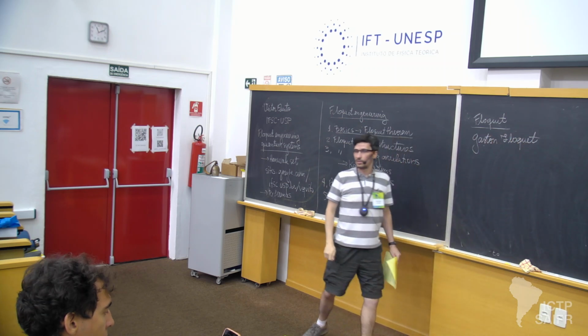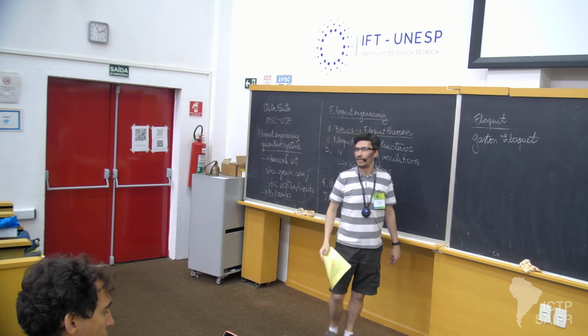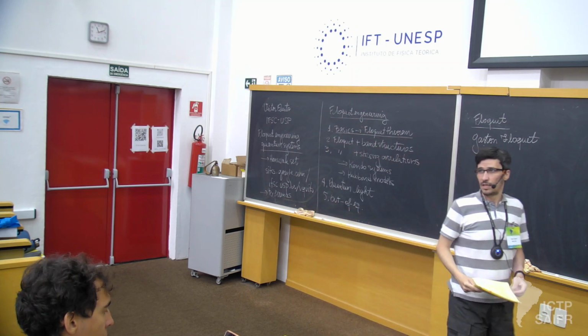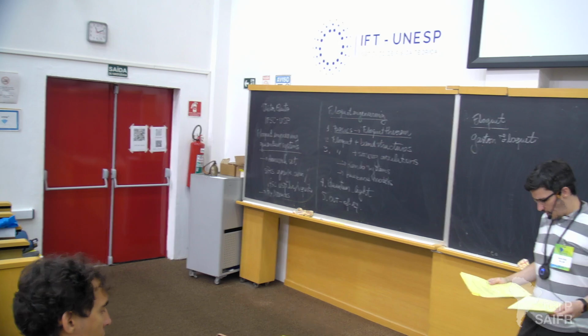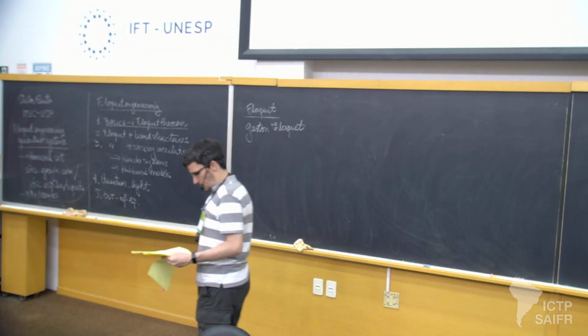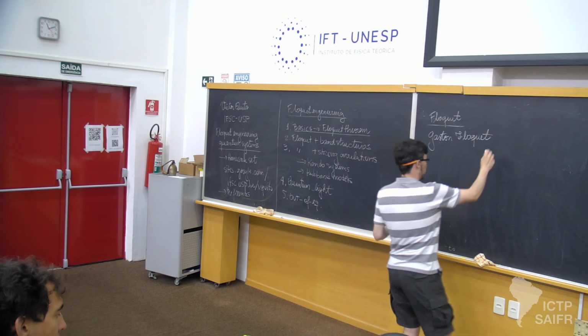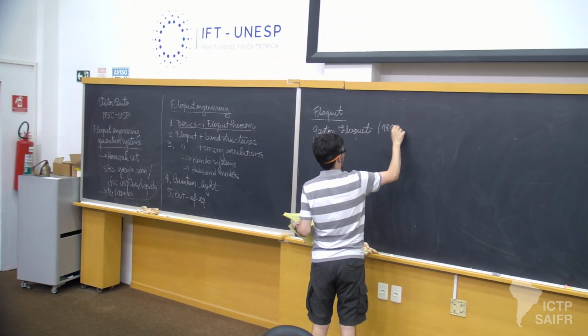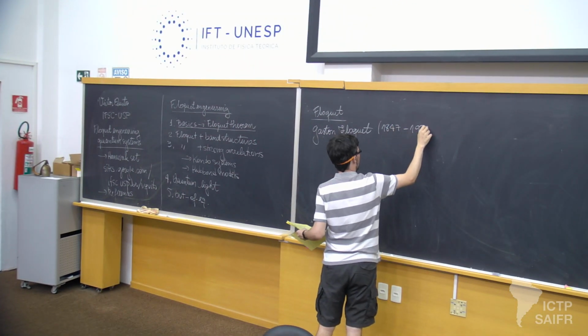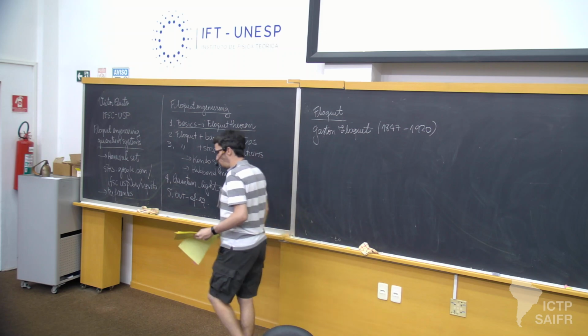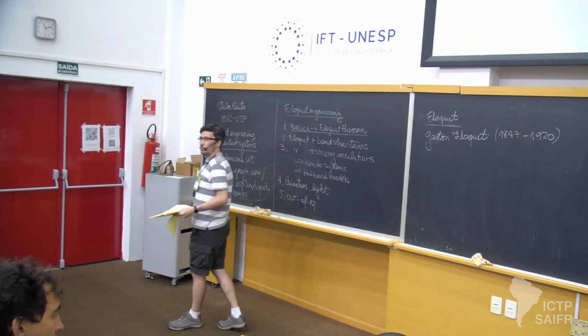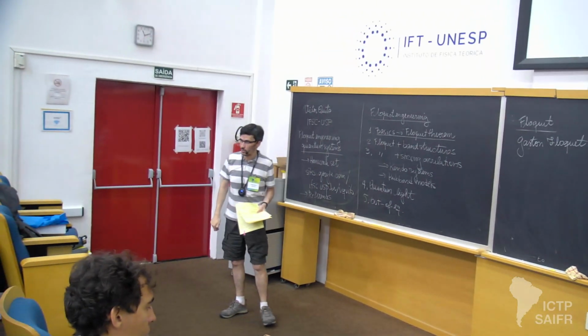Gaston Floquet was a French mathematician. He lived in the late 19th century. So second half of the 19th century, to be more precise, between 1847 and 1920.